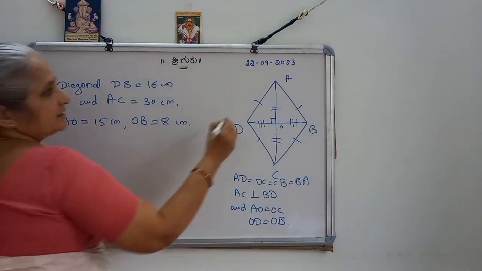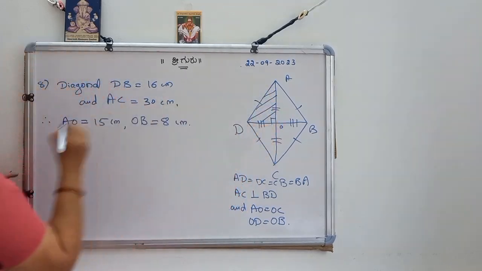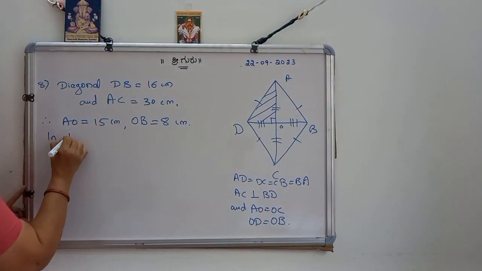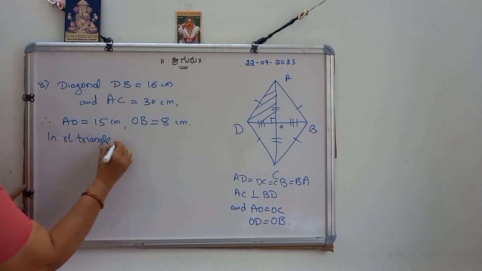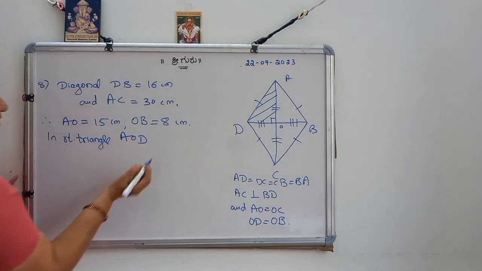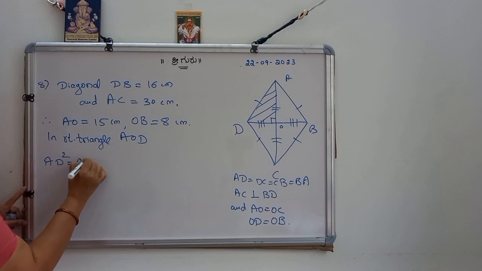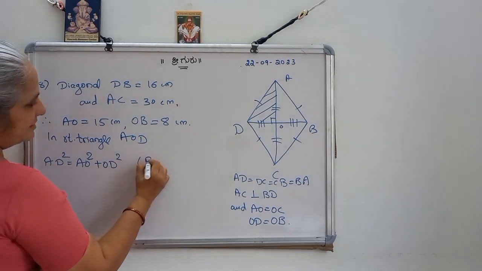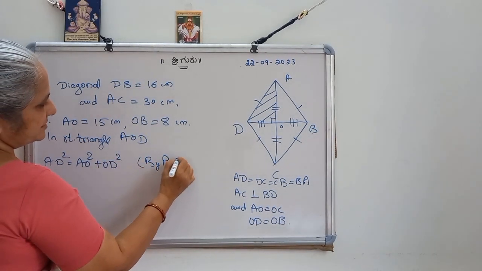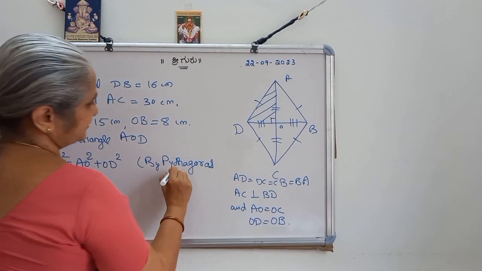Now we consider right triangle AOD. In right triangle AOD, AD square is equal to AO square plus OD square by Pythagoras property.